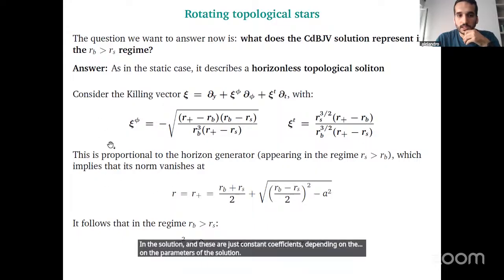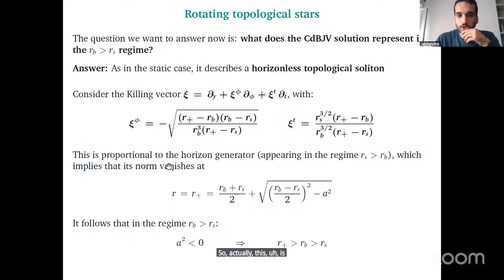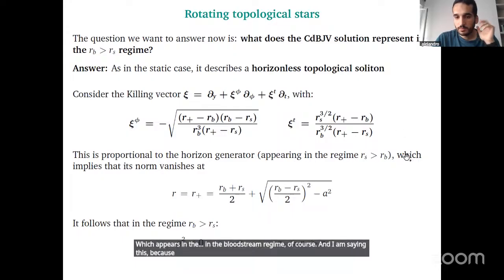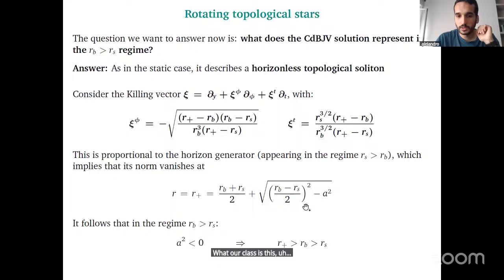Actually, this is proportional to the generator of the horizon, which appears in the black string regime, of course. And I am saying this because it may help you to see that the norm of this Killing vector vanishes at r equals r_plus, where r_plus is this quantity over here.